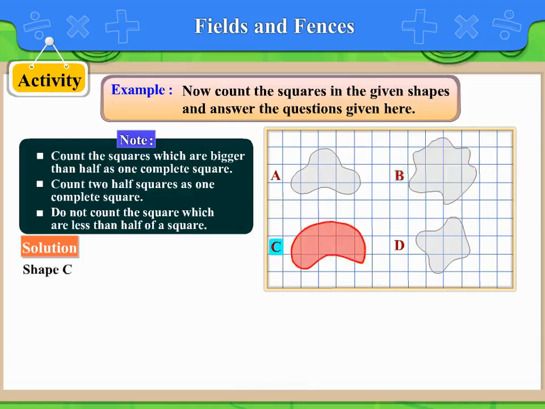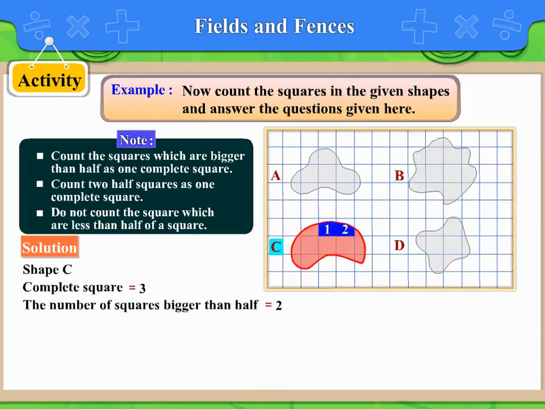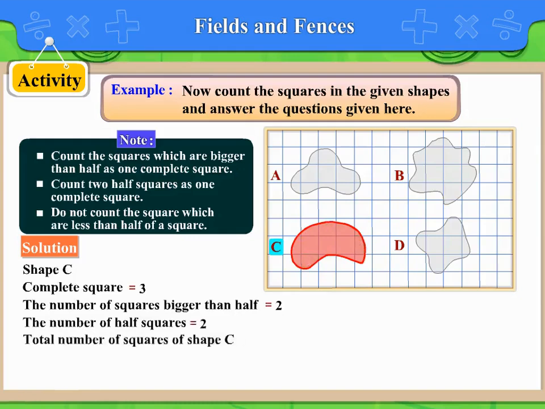In shape C, there are 3 complete squares. The number of squares bigger than half is 2 and the number of half squares is 2. Thus, the total number of squares in shape C is 3 plus 2 plus 2 into 1 upon 2, which is equal to 3 plus 2 plus 1, which is equal to 6.